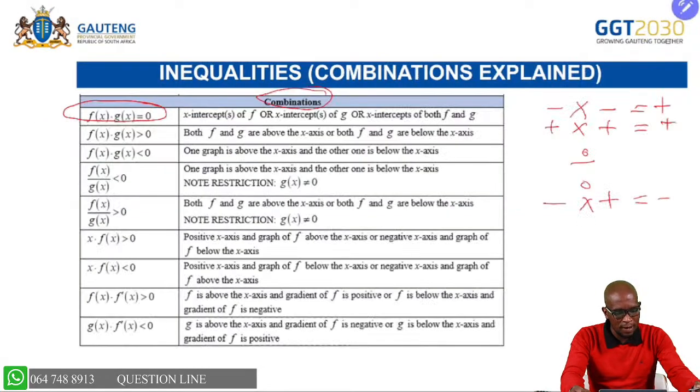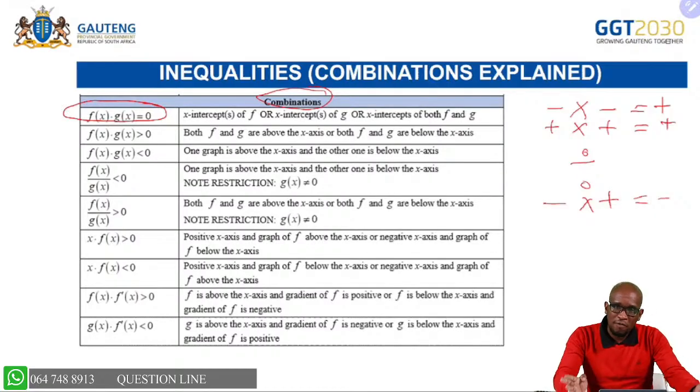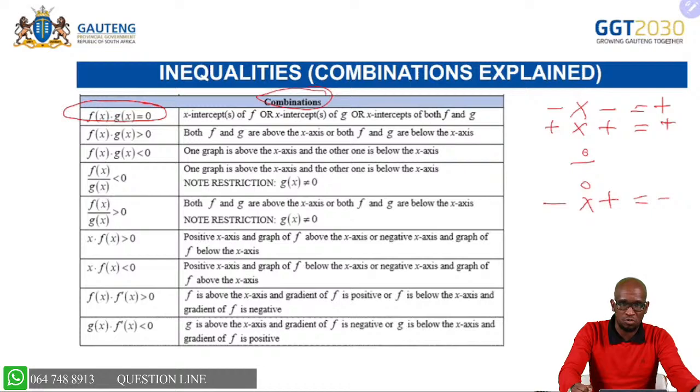But with combinations, the reference is when f of x times g of x is equal to 0. This is where either one or both functions are equal to 0. It's either where f of x is equal to 0, or where g of x is equal to 0, or where both of them are equal to 0.